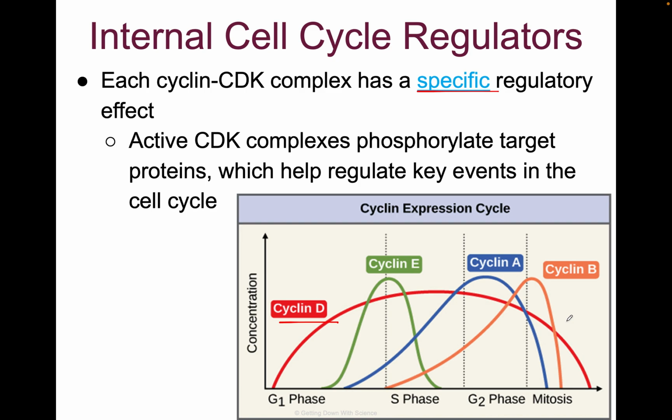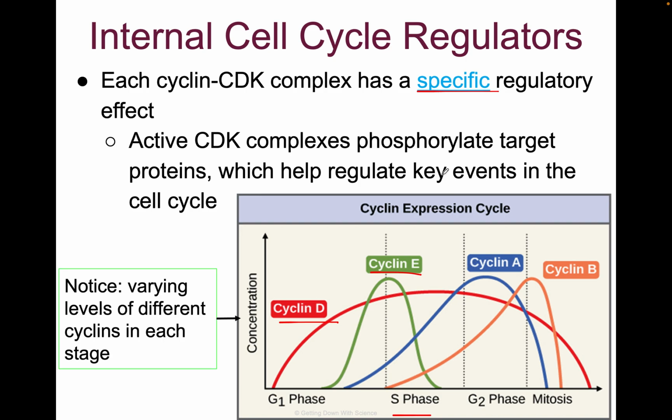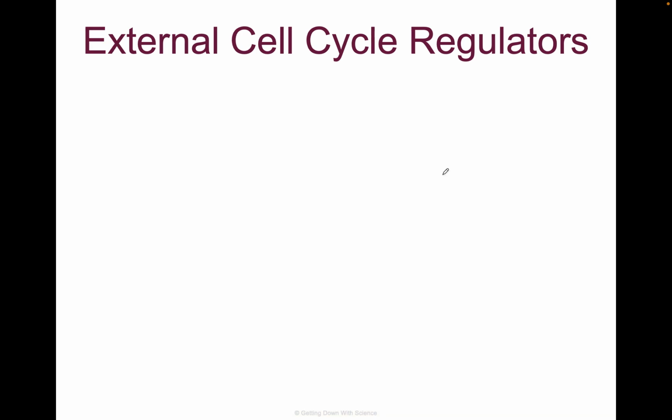That's sort of the cyclin that says, yay, we're dividing. After G1 phase, you see another cyclin peaks here and then decreases once we get into S phase. This is how the cell regulates whether it's dividing or not. Notice the varying levels of each of the cyclins at each stage. CDKs correspond to those cyclins.